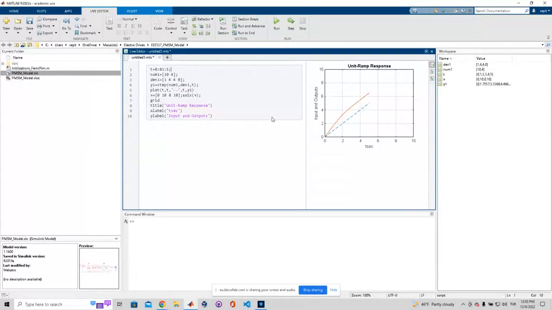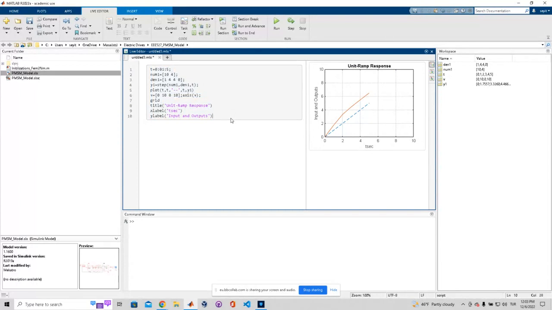Yeah, so this is how you get a ramp response of a system. First, you define your transfer function, you take a step response, and we plot our transfer function by the dash. As you can see here, this is the step response of our system, and the other one is your unit ramp response, right? That's how you get your unit ramp response.